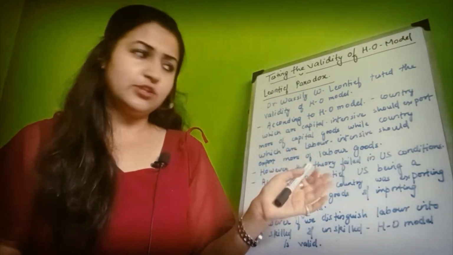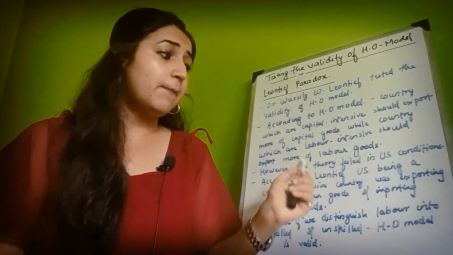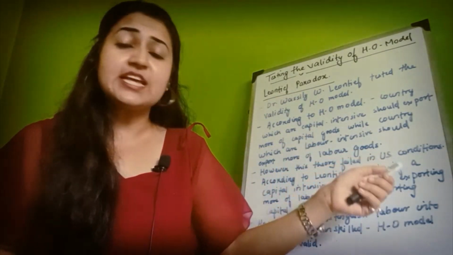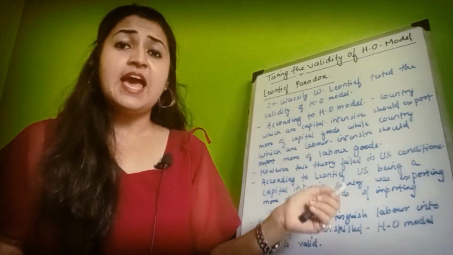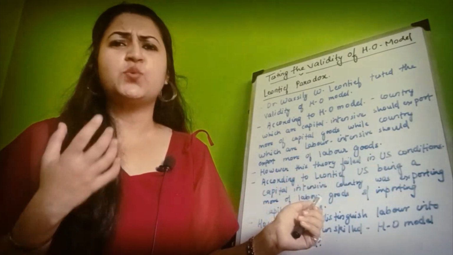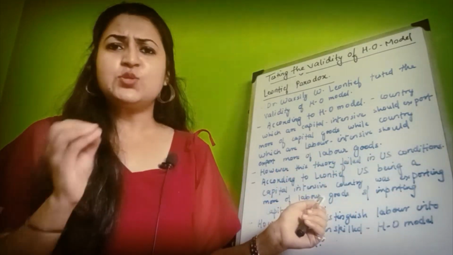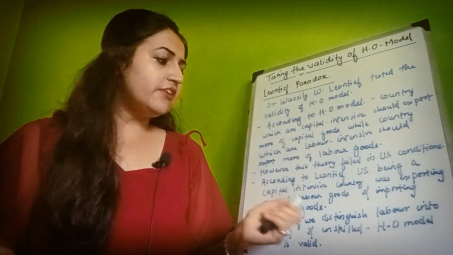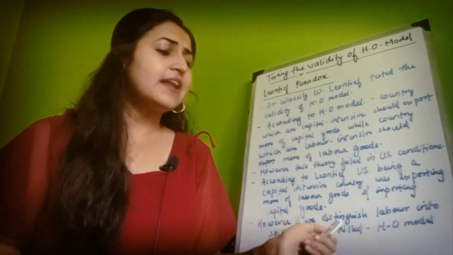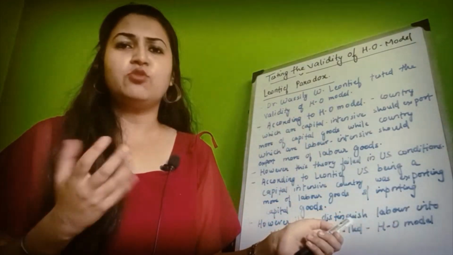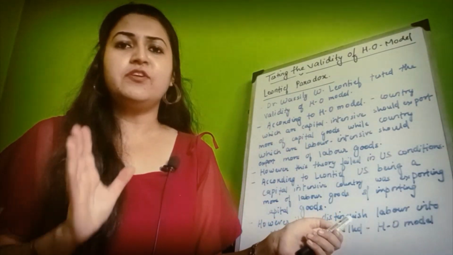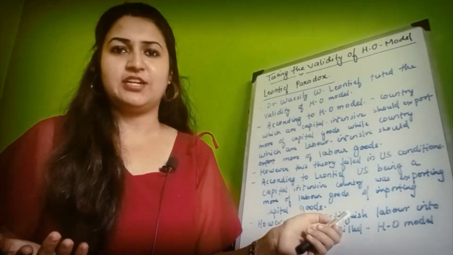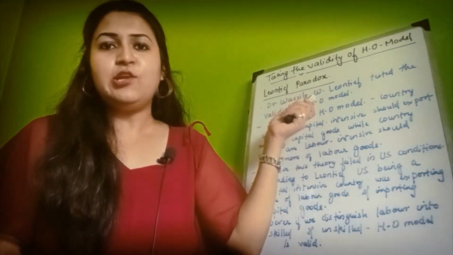According to Leontief, the US, being a capital abundant country, was actually exporting more of labor goods and importing capital goods, which is quite contrary to the HO model. So, he stated that this HO model is not valid. However, if we distinguish labor into skilled and unskilled, this HO model could be quite valid and practical. However, it is not practical under normal conditions, is what is stated by Leontief in his paradox.